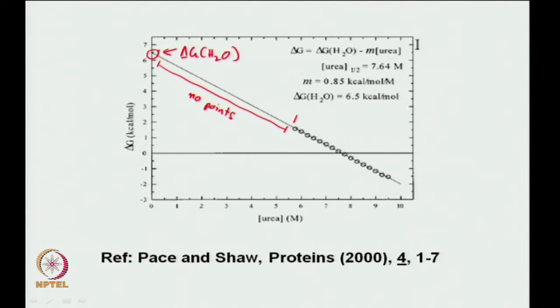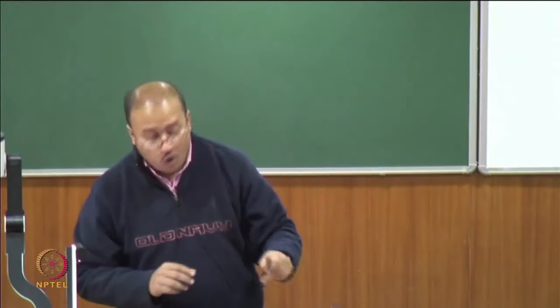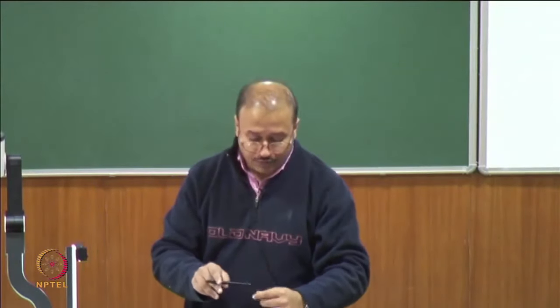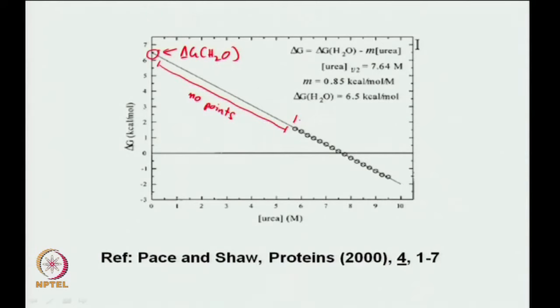Say 1, 2, 3, 4, even 5 molar urea. We are not being able to calculate delta G, especially for this protein. Why? Because under these conditions your protein is not necessarily showing much of a change in its signal, because you do not have enough of the denatured state present. So, the only region you are really focusing on is this one.